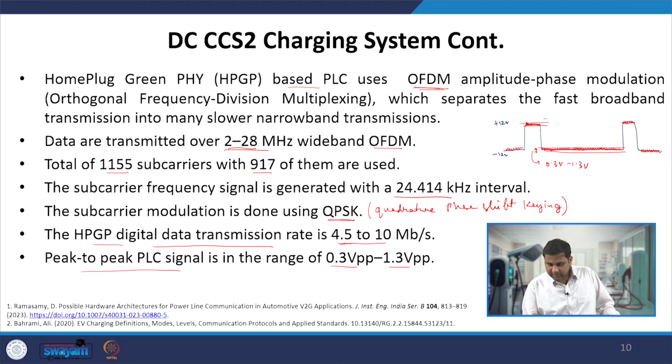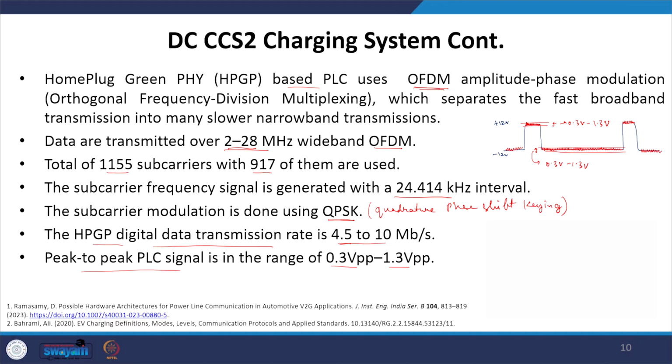Since the amplitude of this high frequency signal is very small, whenever the EV is getting connected with EVSE, one must ensure the attenuation between the EV and EVSE is as minimal as possible, and for that one has to do the SLAC procedure, which is signal level attenuation characterization, before the EV is actually doing the charging or converting from the state B to C1, C2, D state, different states.